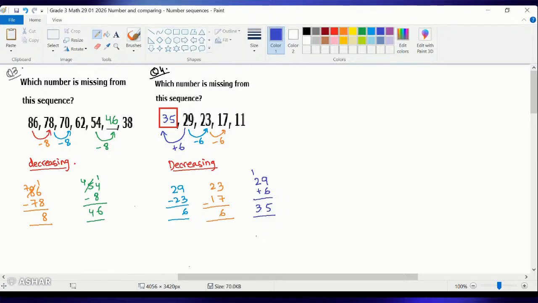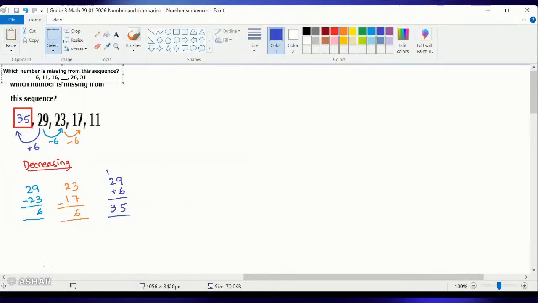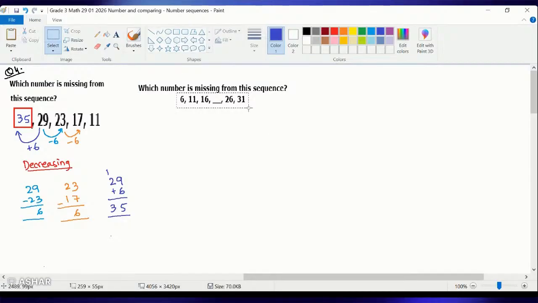Moving ahead. The next question says, which number is missing from the given sequence? In this next question, we are missing a number in between the sequence. It's not the first number, it's not the last number, but a number in the middle of a sequence. So these numbers are given to us.